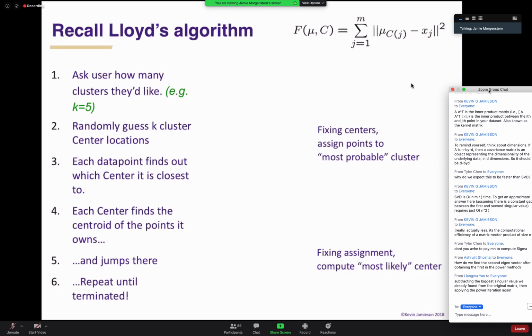I'm just trying to give you some intuition as opposed to being super formal. This belongs to a more general class of things where we first do something called expectation, and the second is called maximization, and we go back and forth between them.